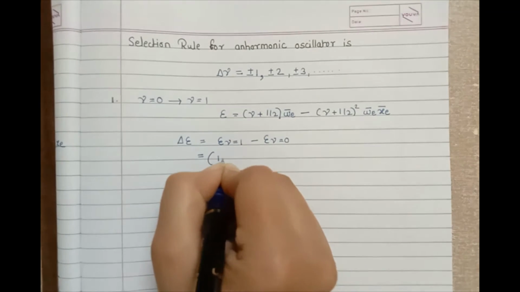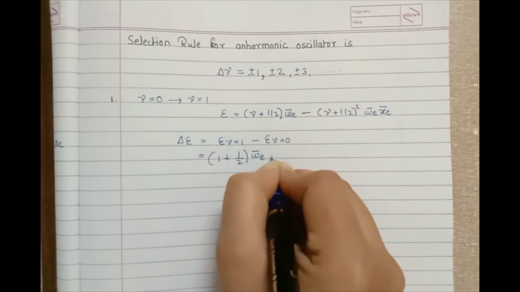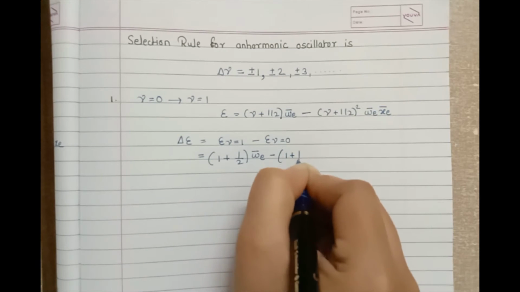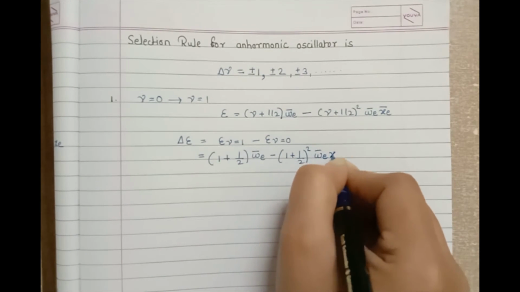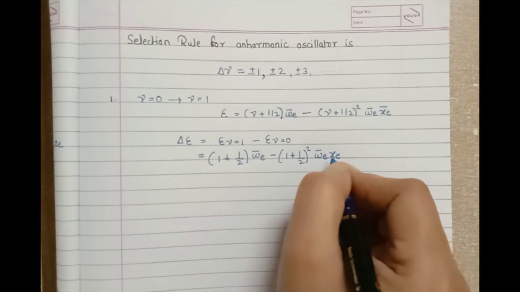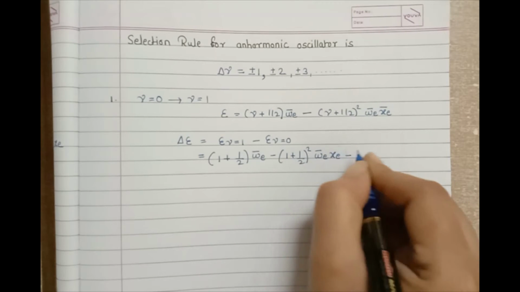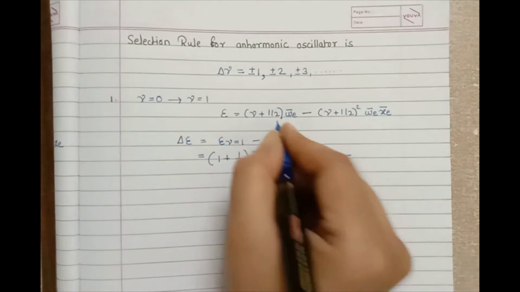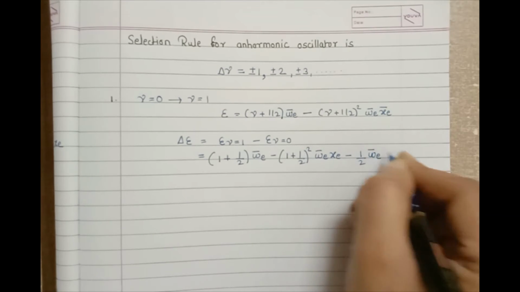That means (1 + 1/2) ω̄e minus (1 + 1/2)² ω̄e xe, minus, putting the 0, that means (0 + 1/2), is 1/2 ω̄e.